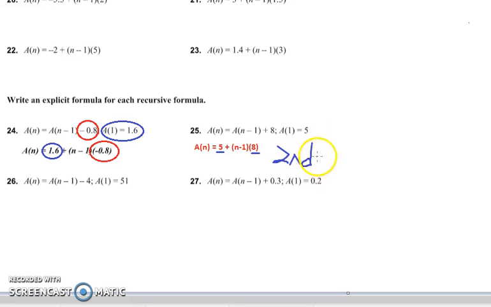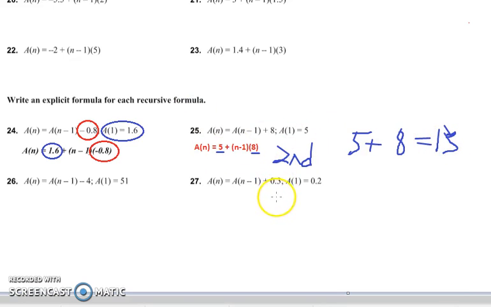Second term. Then it would be 5 plus 8. That's going to be, what is that, 13? Yeah. I can't do 3's on this thing for some reason. Whatever, you get the idea.